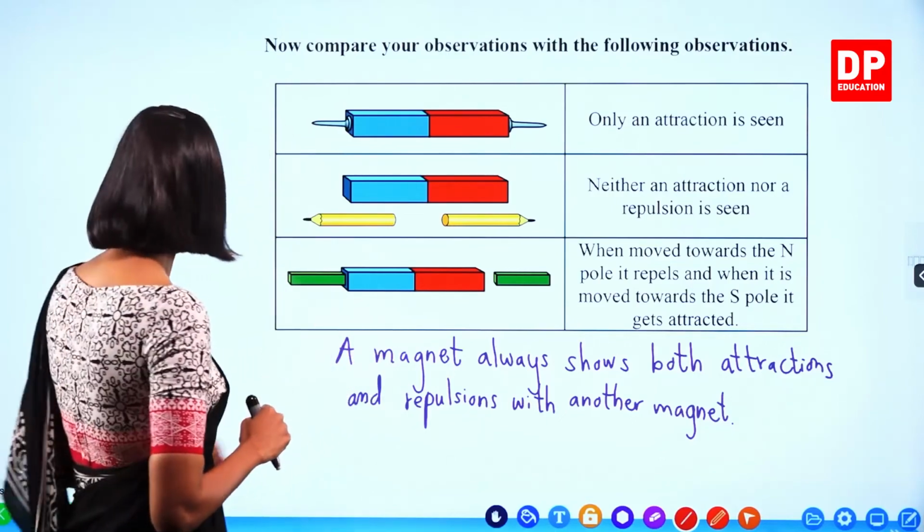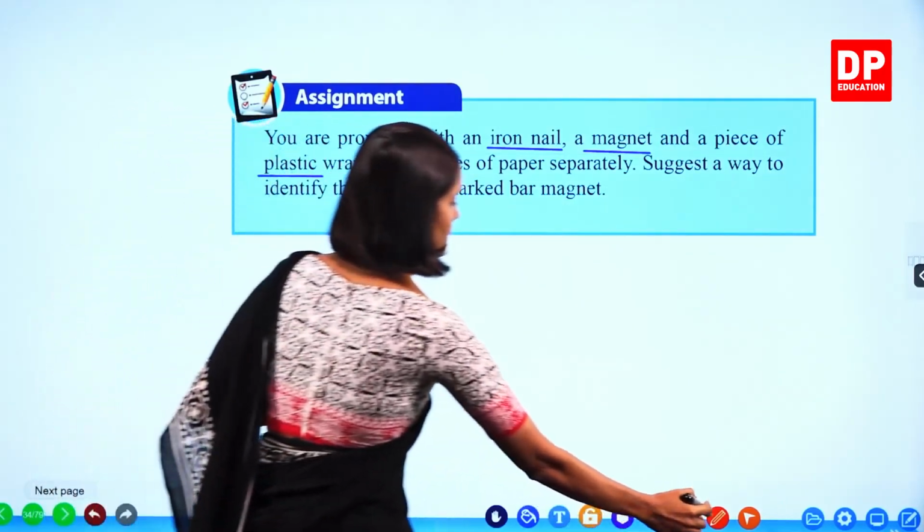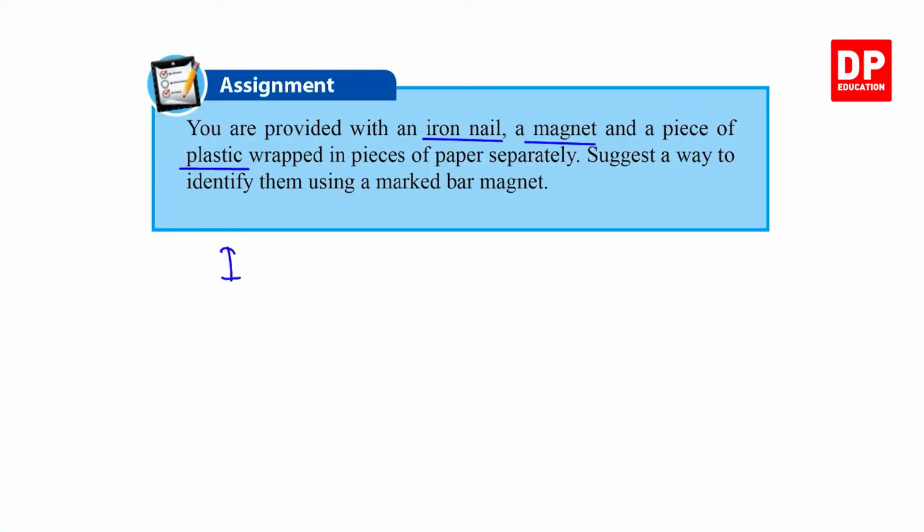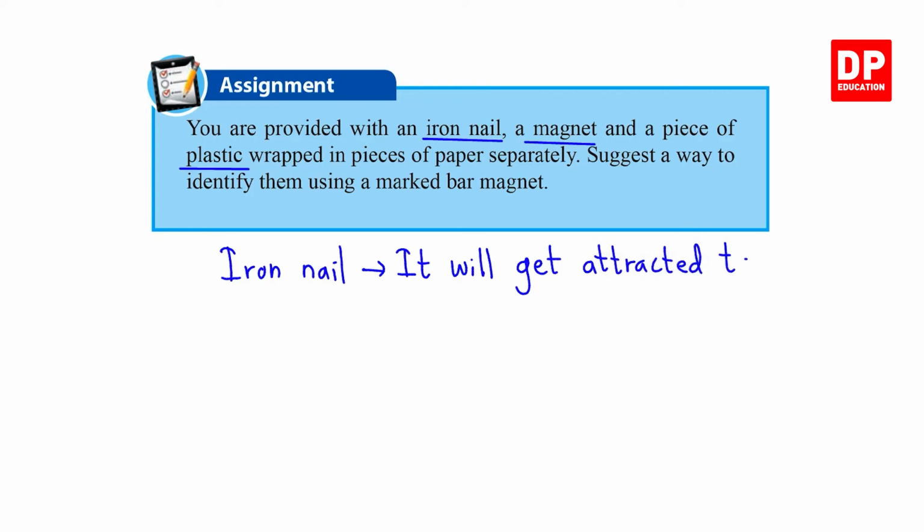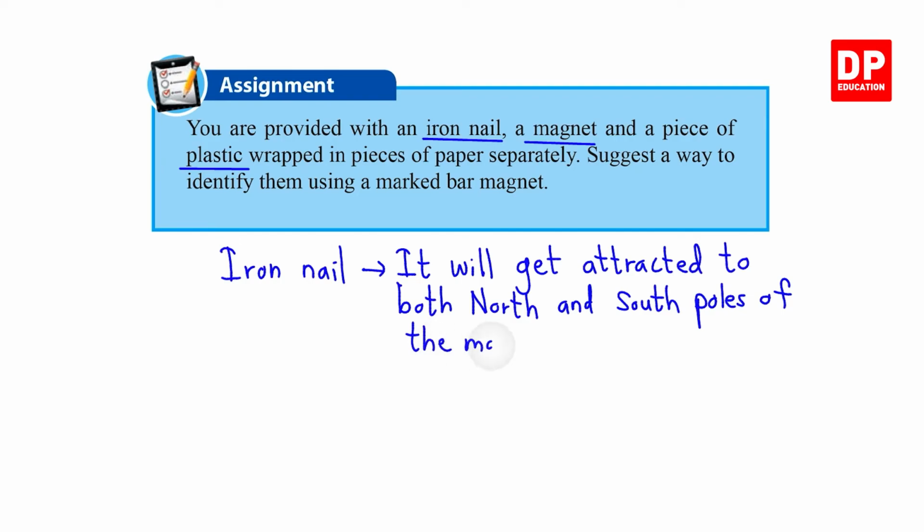Okay, children. We'll write down. Iron nail, it will get attracted to both north and south poles of the marked magnet.